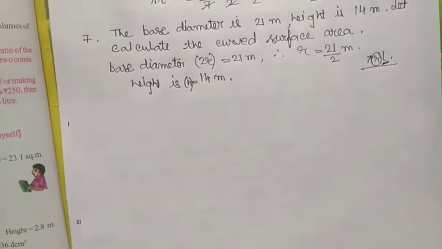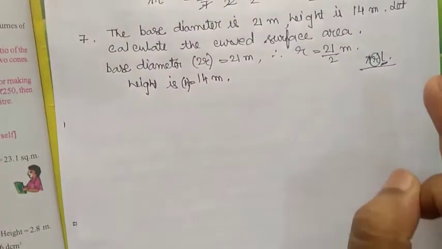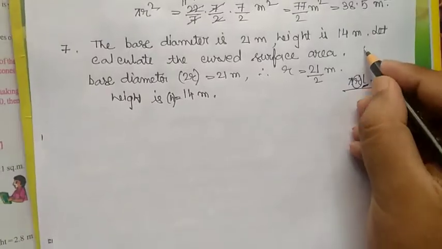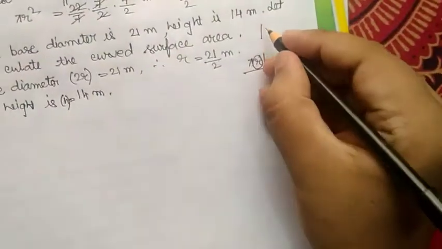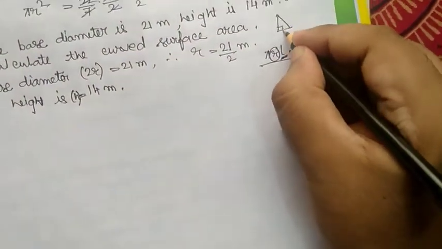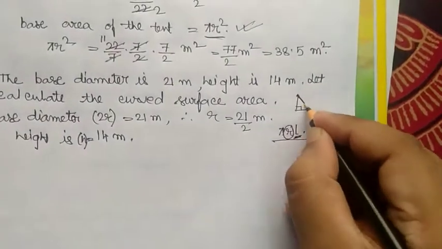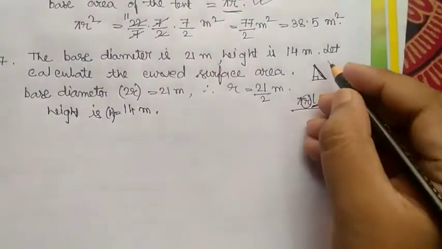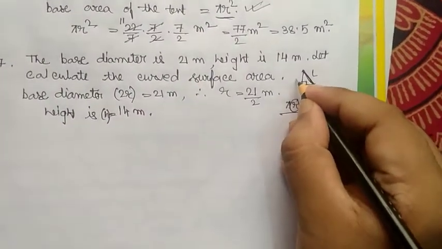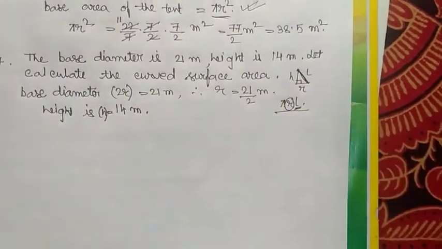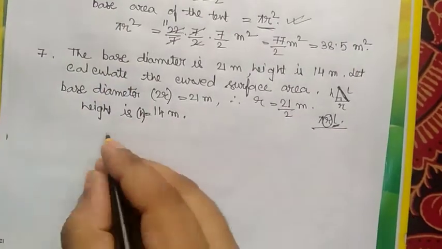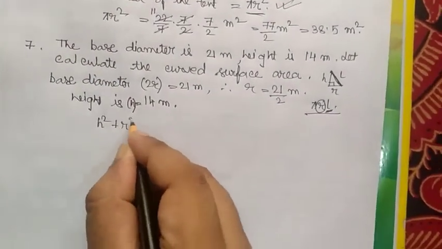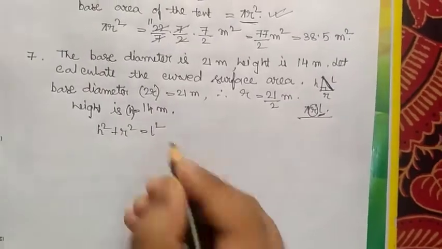We know the relationship between radius, slant height and the height. If this is a right angle triangle and this is 90 degree, this is the slant height, which is known as the hypotenuse of this right angle triangle. This is L, this is h and this is r. So we know that h square plus r square equal to L square.